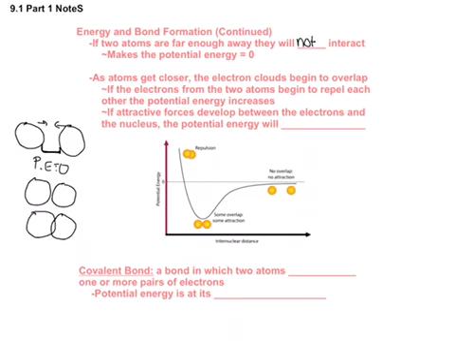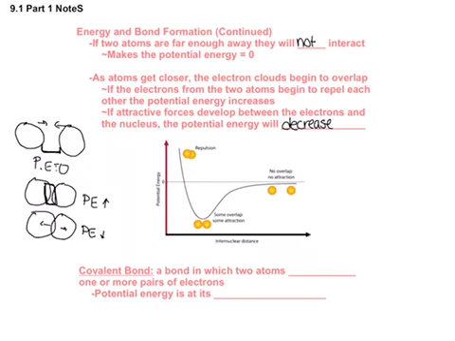If attractive forces develop between the electrons and the nucleus, the potential energy will begin to decrease. Right about here, the electrons are going to be interacting more so than the electrons and the nuclei, so here we would have an increase in potential energy. But once they get past that, and now these electrons start to interact with the positive nucleus, our potential energy will begin to decrease.